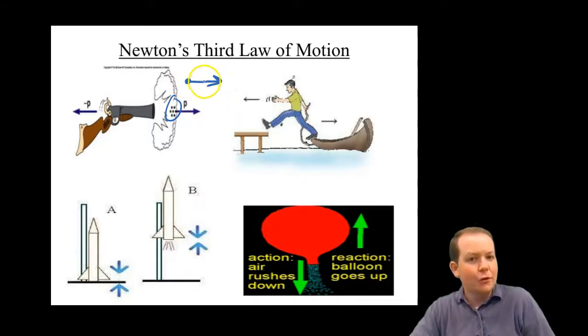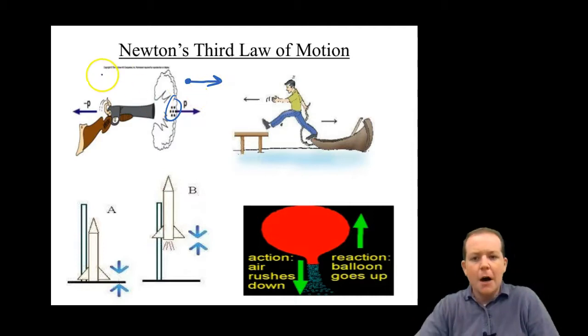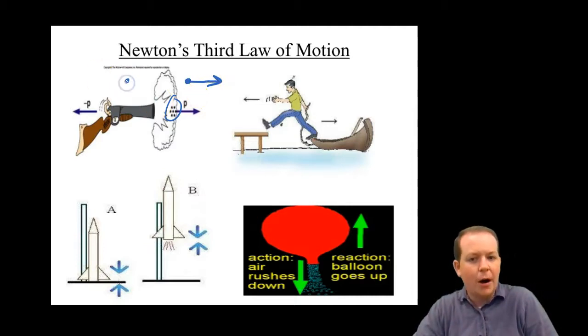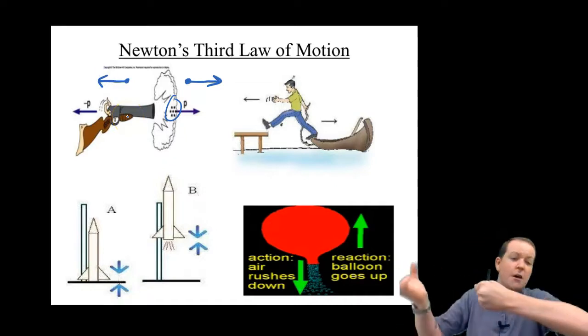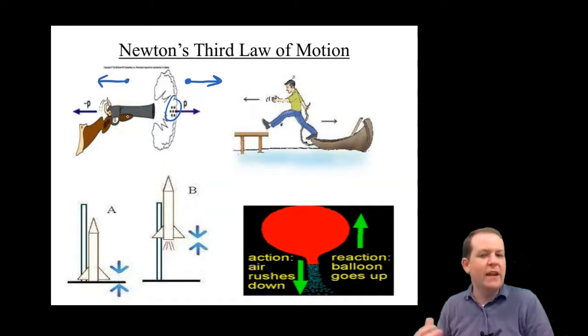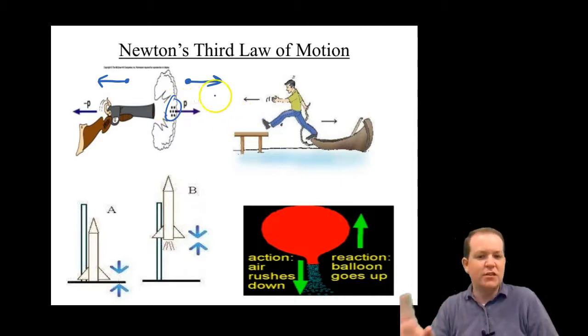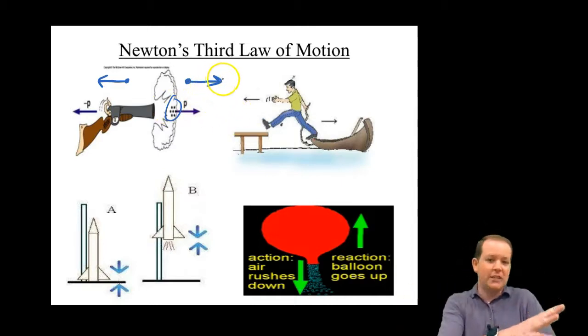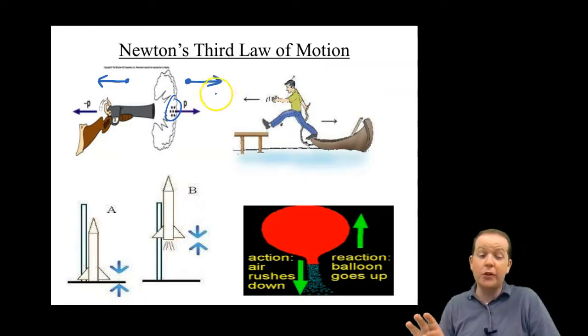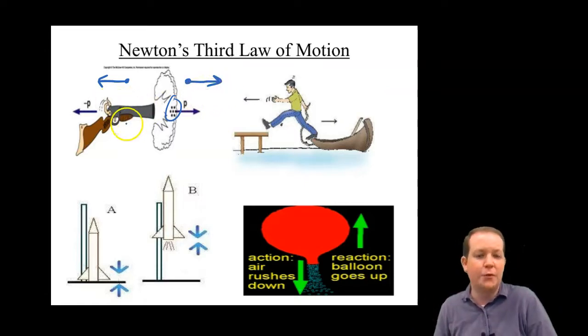Well, by Newton's third law, the bullet applies an equal and opposite force back on the gun. That's why you get kick from a rifle, why you get recoil from a gun or from a cannon. Because of Newton's third law. There's a big force on the bullet to the right in this picture, and by the third law, there's also a big force to the left on the rifle.